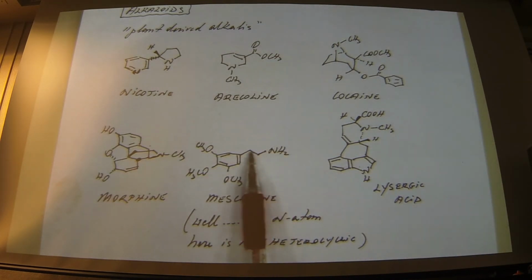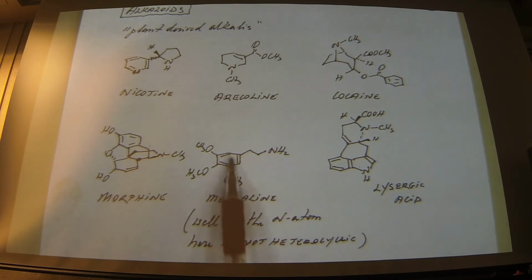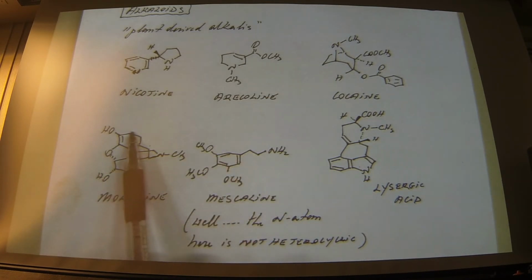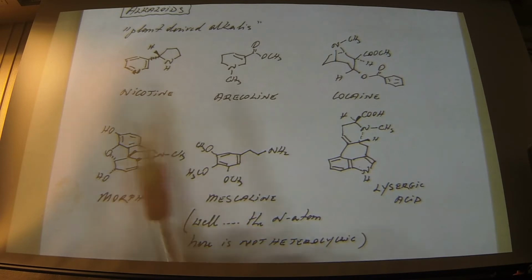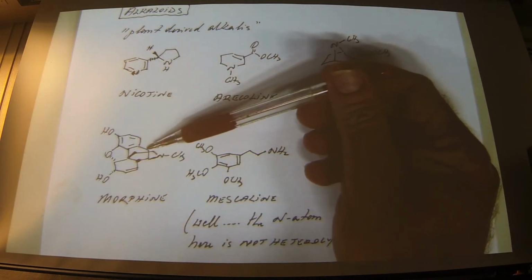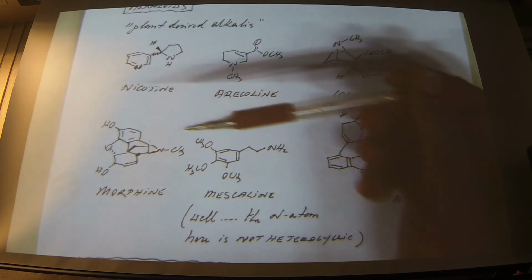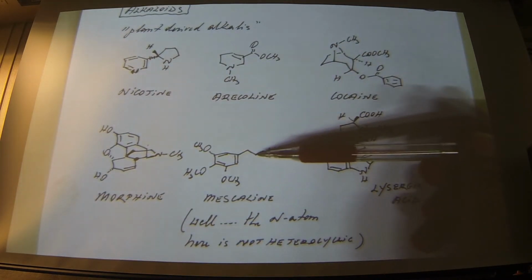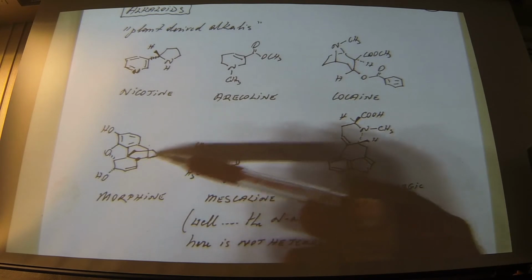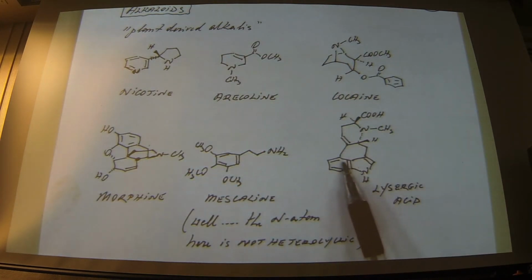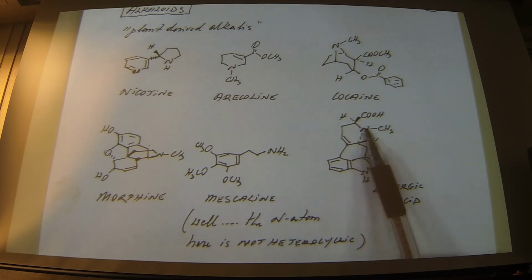So I have an ethylamine, 2 carbons, amine, with an aryl group. So if you look in here, there's the aryl group. Carbon atom 1 is here. Carbon atom 2 is there, and there's the nitrogen. So aryl group, carbon atom 1, carbon atom 2, nitrogen. There it is. In lysergic acid, aryl group, carbon atom 1, carbon atom 2, nitrogen.